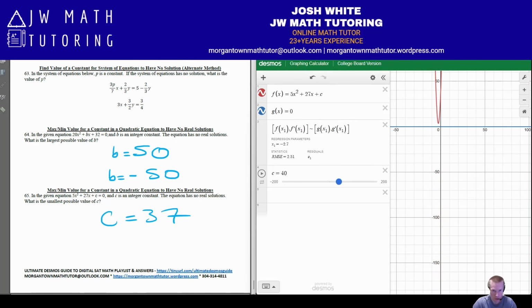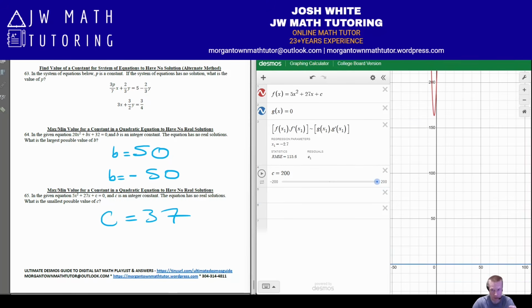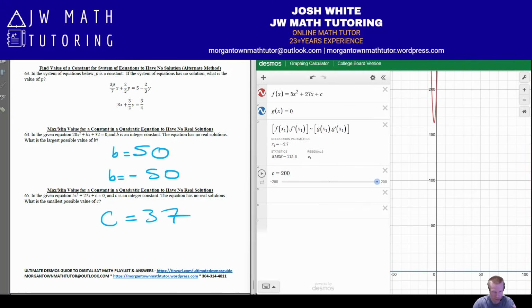What I mean by that is, once you get up to 37, that's as low as you can go for c to have no real solutions. You keep going higher and higher, and it's just shifting up, because c is your y-intercept value.